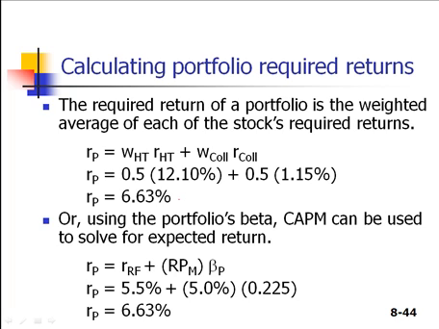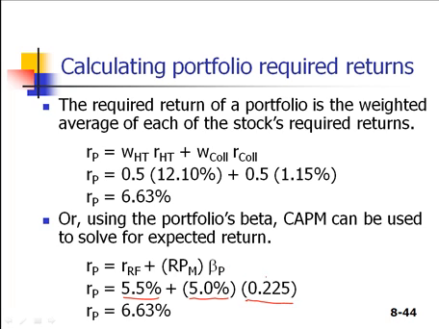Since we know how to use that now, we could say the risk-free rate is 5.5%, the market risk premium is 5%, and the beta of the portfolio, I mean, if we can plug in the beta of an individual stock here, we can do the same thing for a portfolio, and it's 0.225, so we just use the CAPM equation like we would for an individual stock.